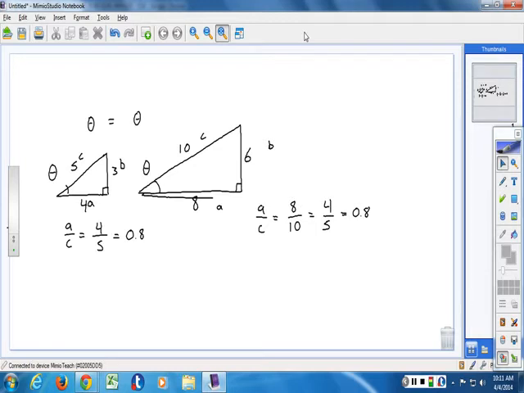So does that statement also hold true if we use A over B or B over C? Yeah. So let's try B over C. We'll go through that one quickly. B over C equals 3/5. And what is 3/5? It'll be 0.6.